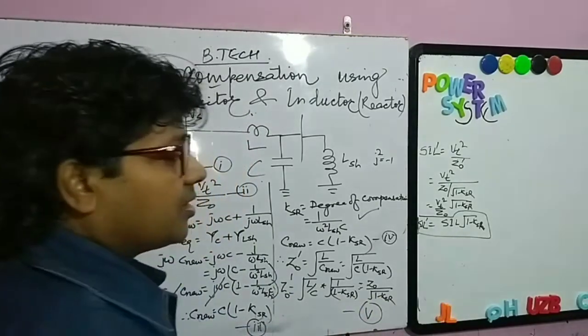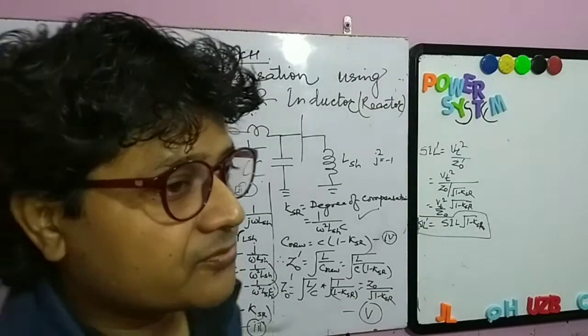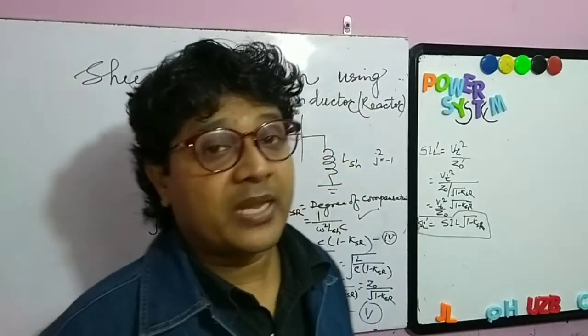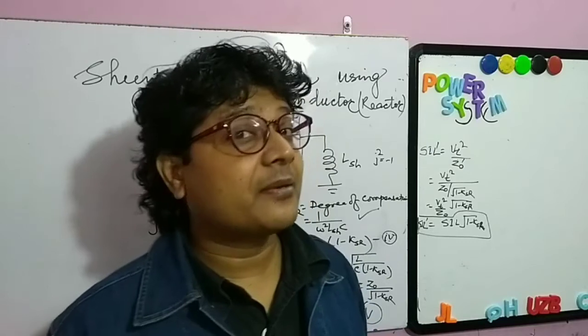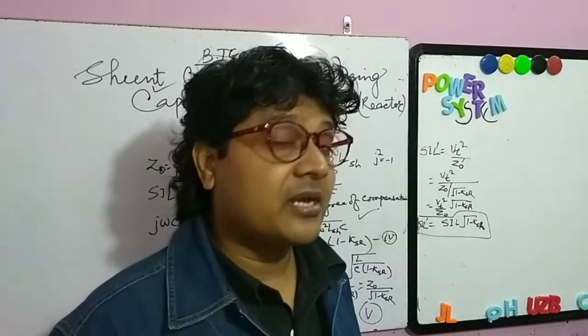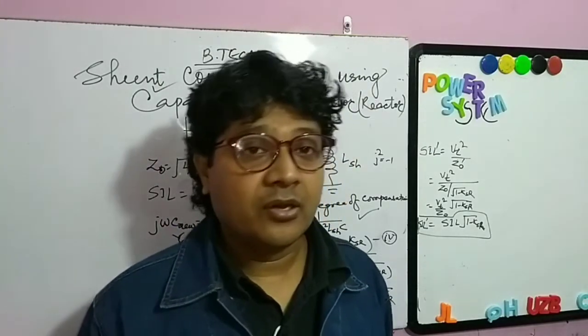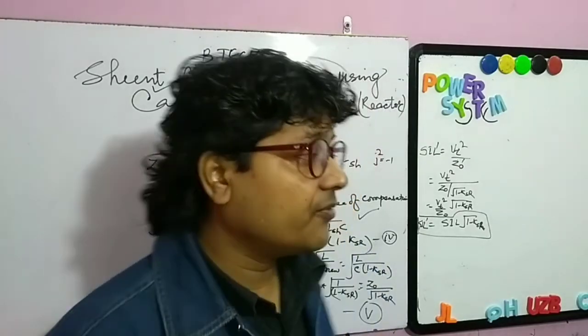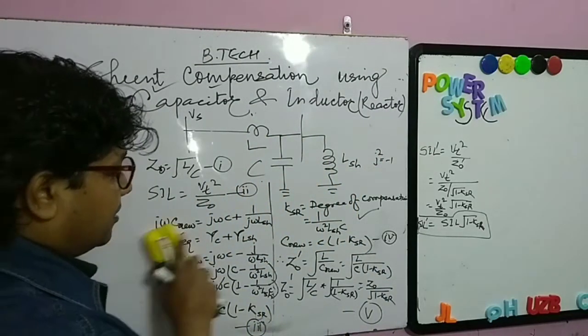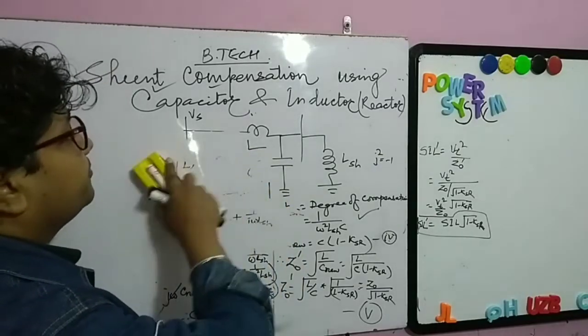Actually this is the question: when a capacitor is connected in parallel with the load, what is the role of the capacitor at the load end? We will go through it and we will see.